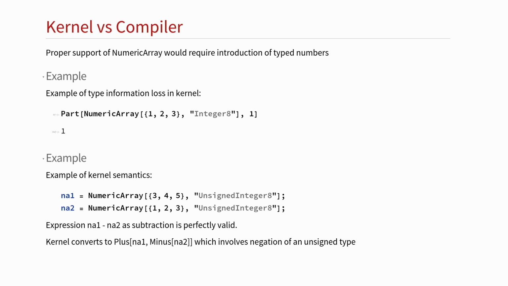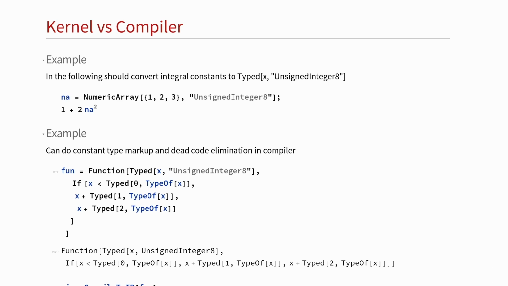It converts this into a plus and a minus. And minus of an unsigned integer type is not a good thing. We'd have to decide: is that an error or not, or are we allowed to do the ones complement or whatever of the unsigned representation? Whereas in the compiler, we can do that subtraction directly without any of these problems.